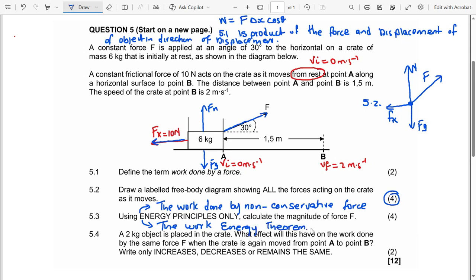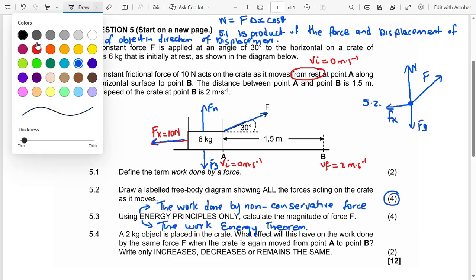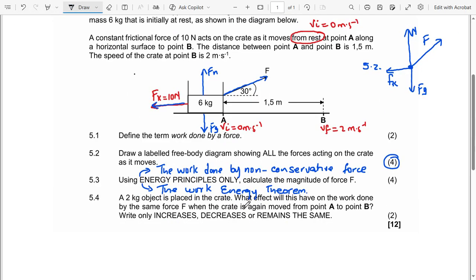How? Look at this now. I'm going to choose the one that gives me an easy way to go. So I'm going to write two formulas, one for the non-conservative force, and I'll definitely give you the formula for the work-energy theorem. The work done by a non-conservative force is equal to the change in EK.